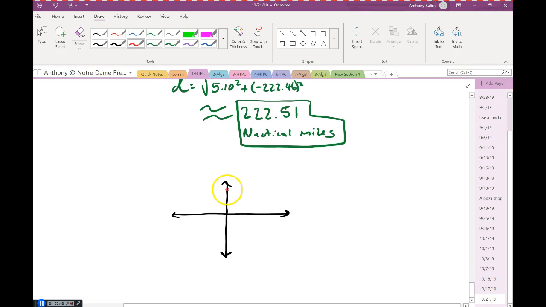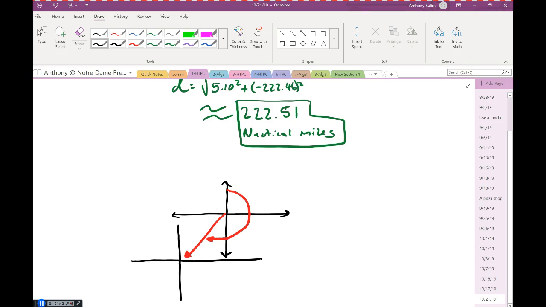So 90, 180, and a little bit more. And we went 80 total knots. So I'm going to draw another compass rose.